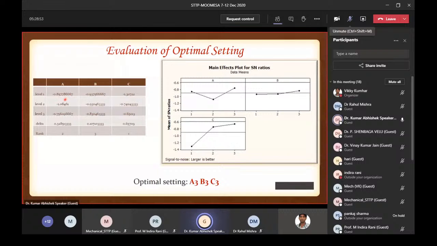You can check with the calculator also. This gives the average value of the SN ratio for the factors A, B and C at level 1, level 2 and level 3. All of this we will get.